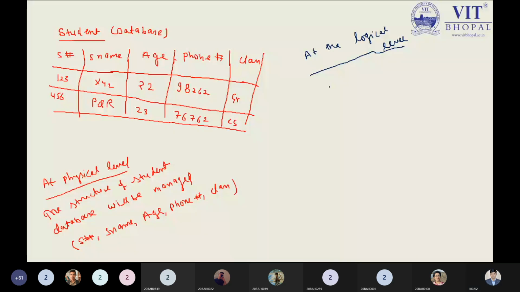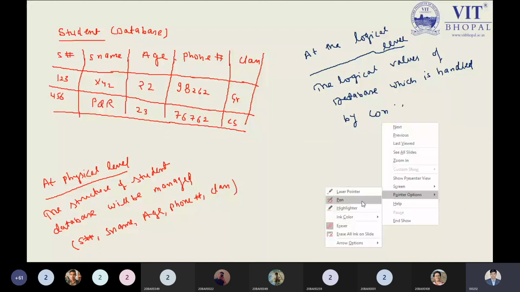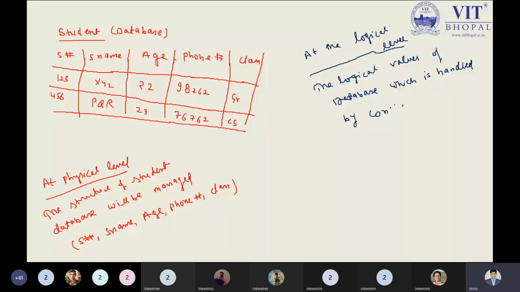Logical schema means the logical values of the database, which is handled by the conceptual schema. Conceptual means what is the concept by which the information is put.